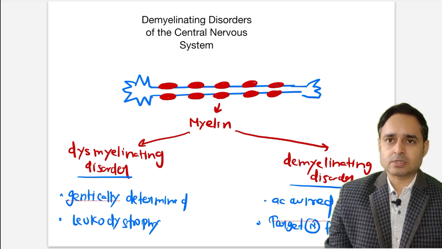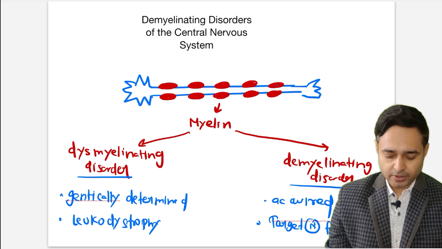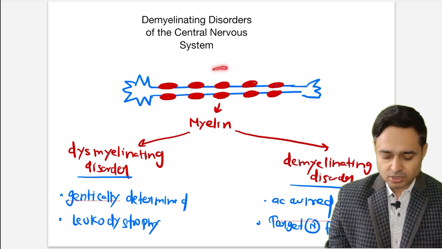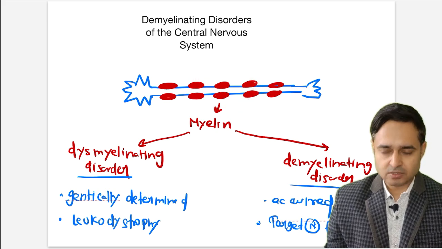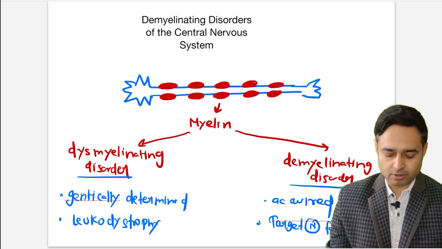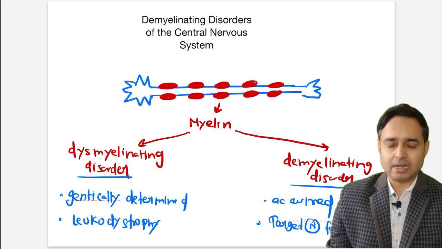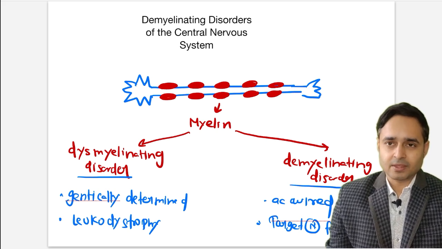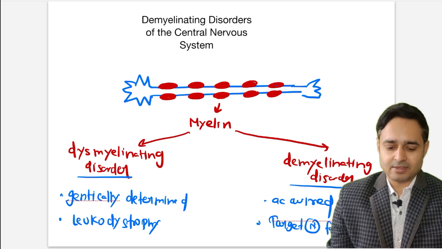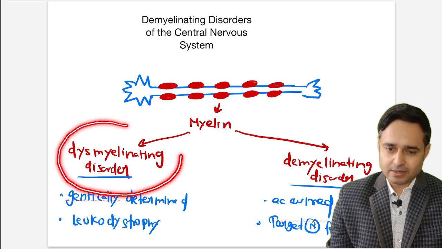So, to start with, the basic structure of a neuron, which contains the myelin sheath. You very well know myelin is a very important component of a neuron. If this myelin is not formed since birth, this disorder is called a dysmyelinating disorder.